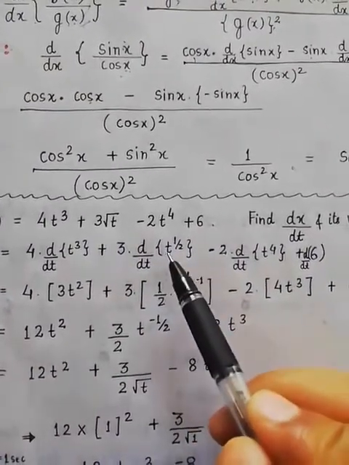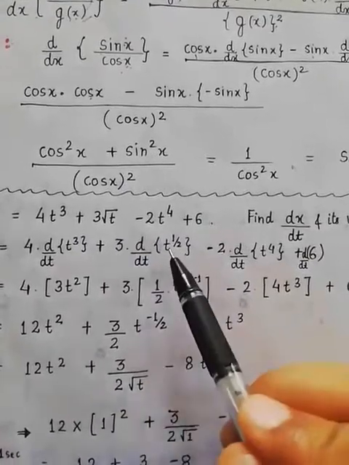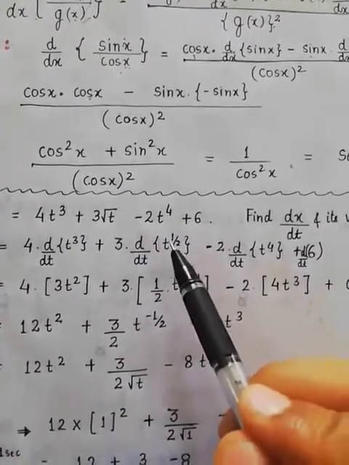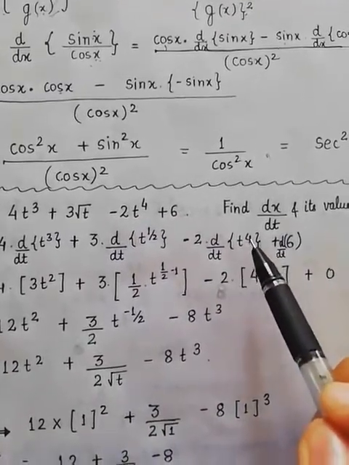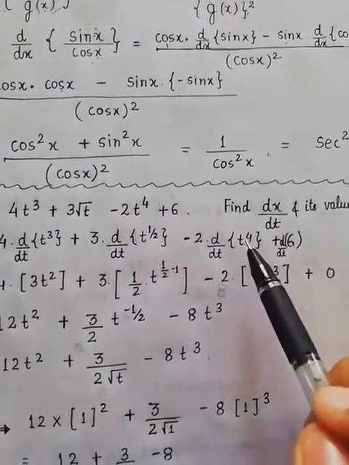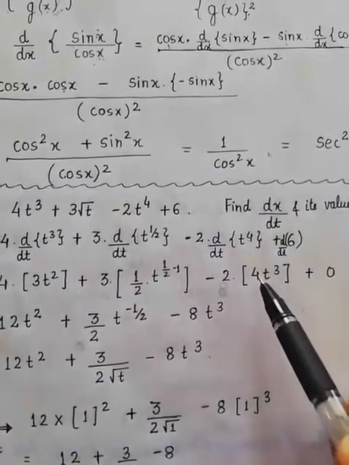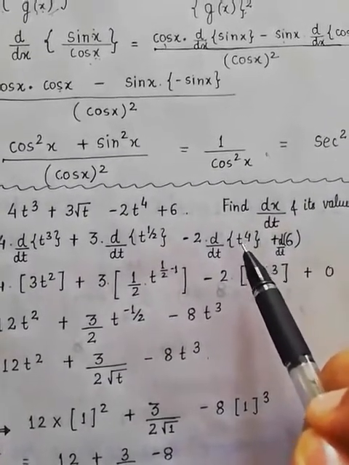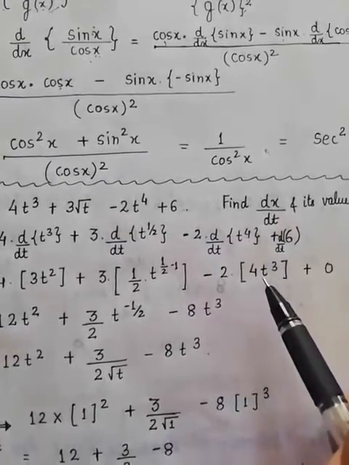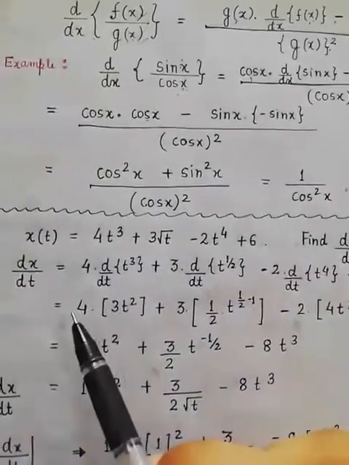Similarly for root t, you write it as t to the power half, so n x to the power n minus 1. Similarly t to the power 4: differentiation of x to the power n is n x to the power n minus 1. Here x is actually t, so t to the power 4 changes to 4 into t cube.